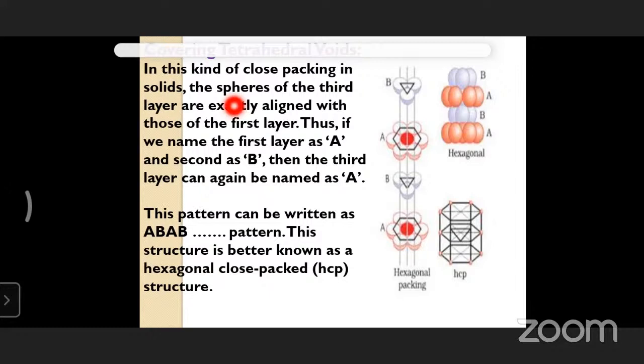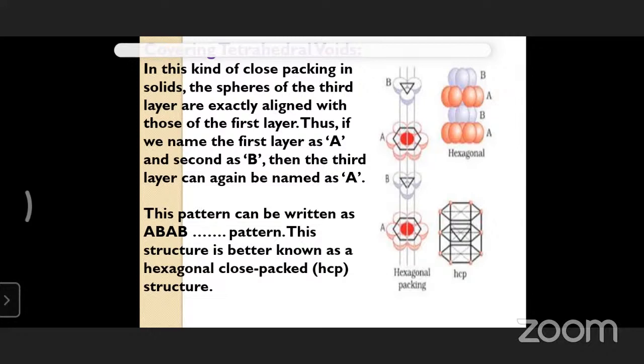In this kind of close packing in solids, we observe that the spheres of the third layer are exactly aligned with those of the first layer. Thus, if we name the first layer as A and the second layer as B, the third layer can again be named A. So we got this type of packing.